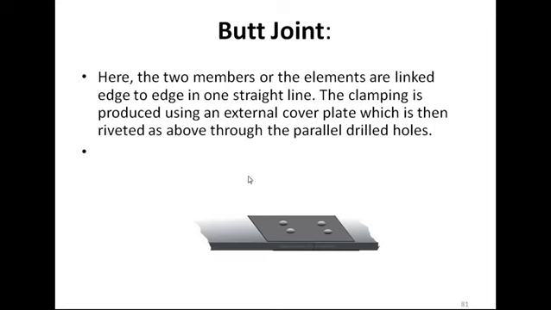So here, for a butt joint, what we have done in a lap joint is place two plates over each other. But in a butt joint, we are not going to place the plates one over the other. Instead, we are going to put one plate at one place and another plate next to that plate.